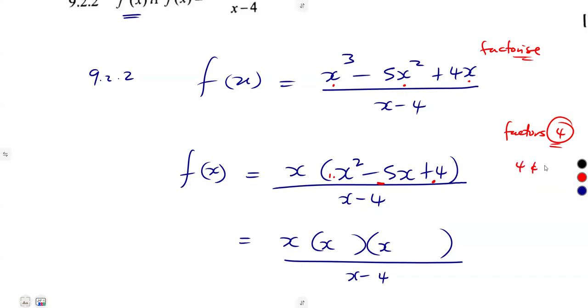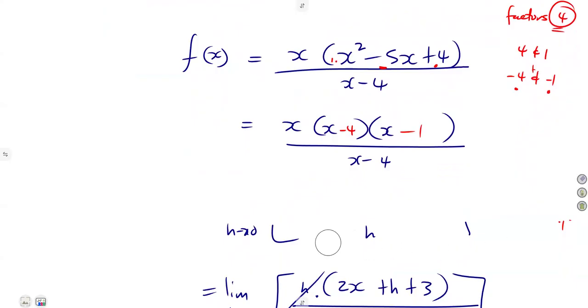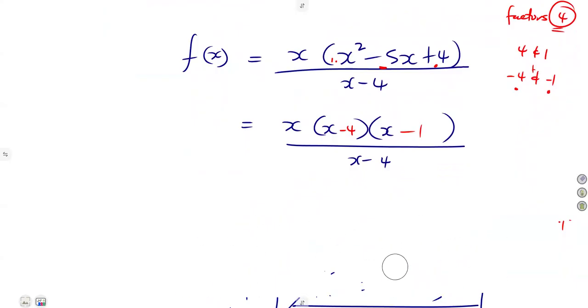There is 4 and 1, but when we add, this will give us a positive 5, not a negative. So let's put negative 4, negative 1. If we multiply, we get a positive 4. When we add, we get a negative 5. So these are the ones that we need. Negative 4, negative 1. So that's it, guys. We have managed to factorize fully.